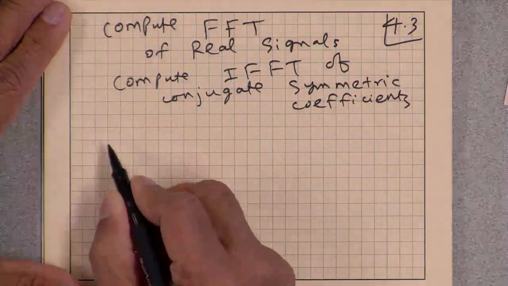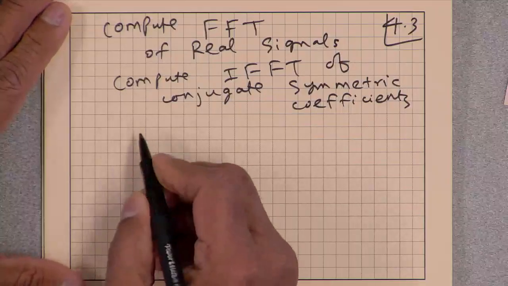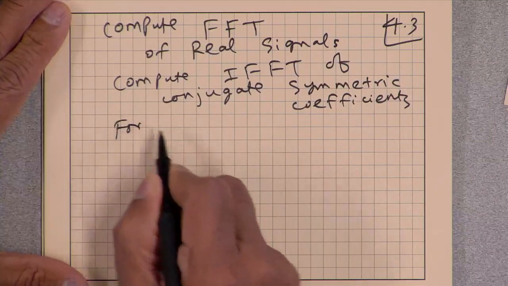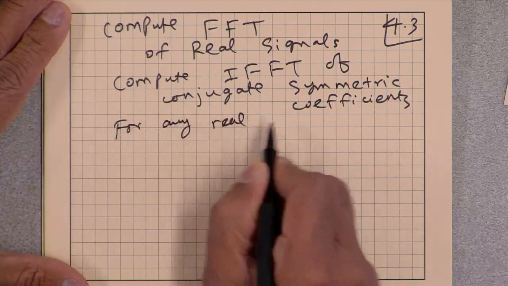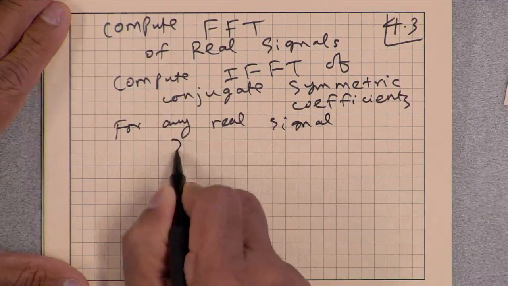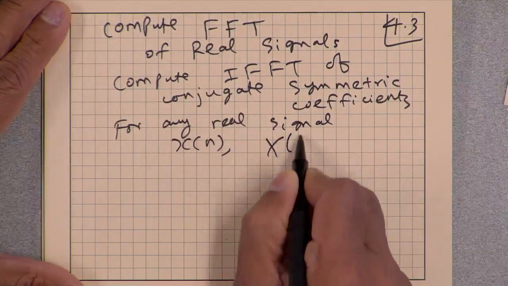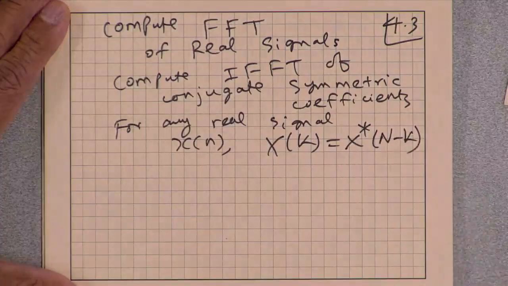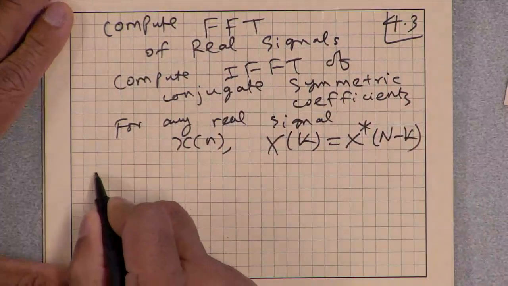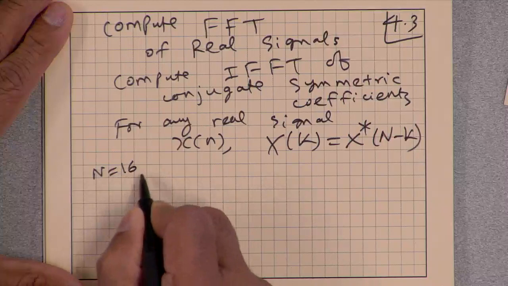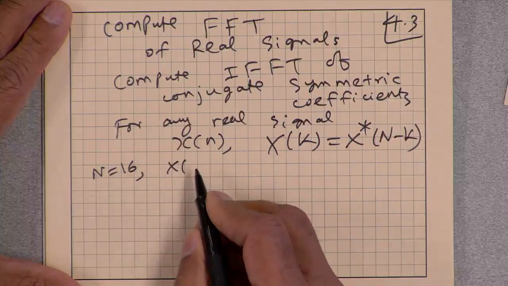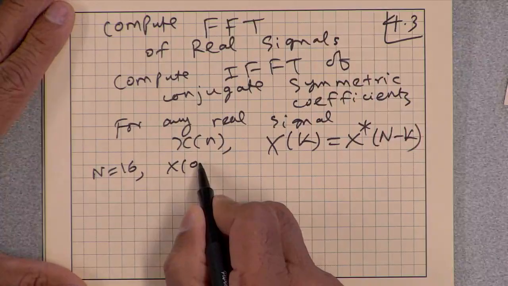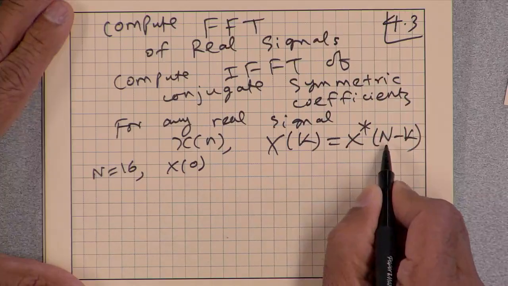So for example, if I have a real signal xn, then Xk is the conjugate of X(n minus k). So for example, if n is equal to 16, then X0 is the conjugate of what?